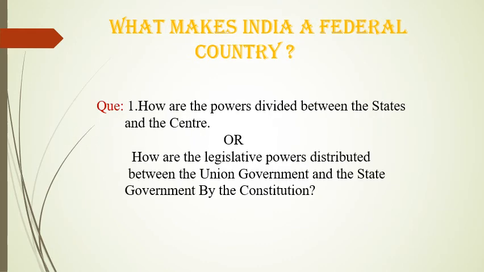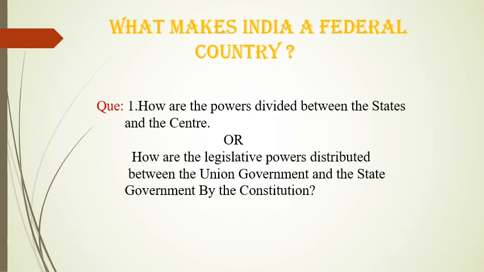Okay students, on the basis of that, here is another most important question. It is a very important question with respect to the board exam. How are the powers divided between the states and the center? Or how are the legislative powers distributed between the union government and the state government by the Constitution? Yes students, listen. The division of powers between the central and state government is done in a threefold distribution of legislative powers.